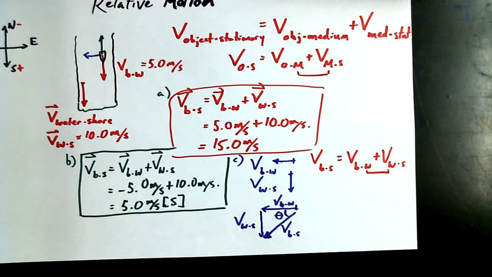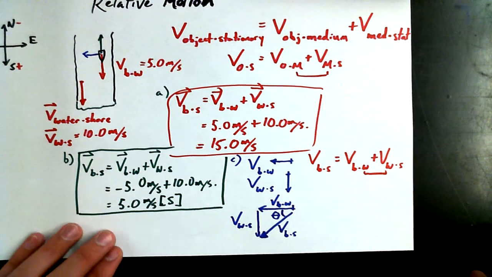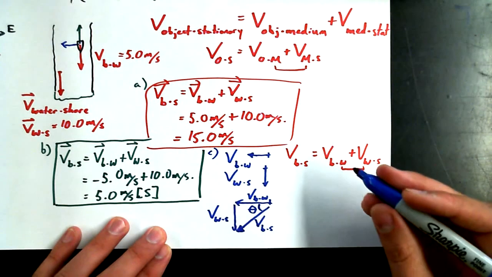Now I'm going to write down the calculations. If you want to not look, avert your eyes and try it on your own, that's fine. Or if you want to just copy down what I write down, that's okay too this time, okay? So I'm going to find the angle first.